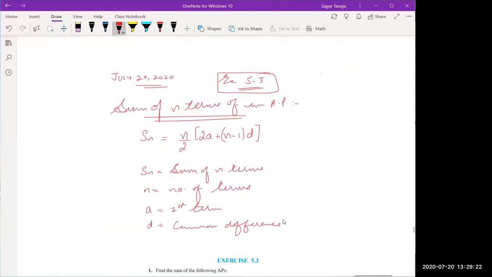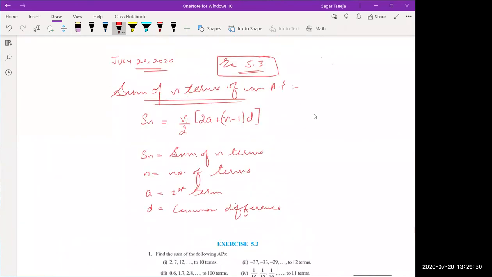So this formula we are going to apply in the full exercise. So write it down. Then we're starting with exercise 5.3, the basic questions of that. Let us complete the first question at least today.